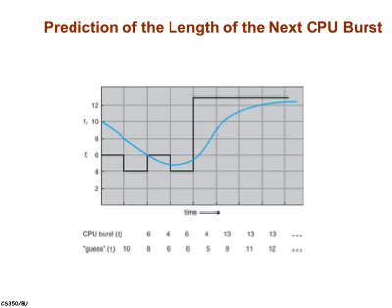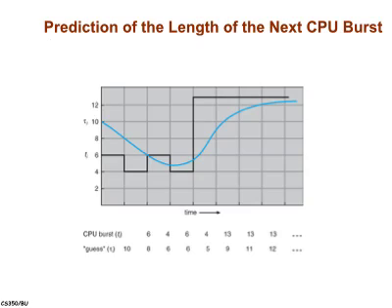So at this point, the prediction value has to increase, and you see that the predicted value predicted by exponential averaging would gradually increase till it catches up with the actual execution CPU burst times for the process.